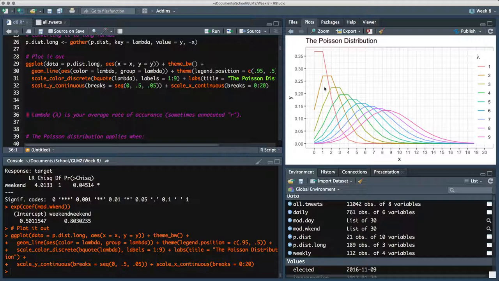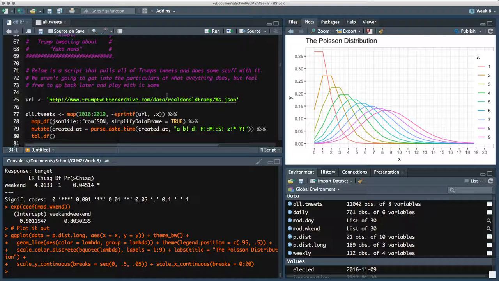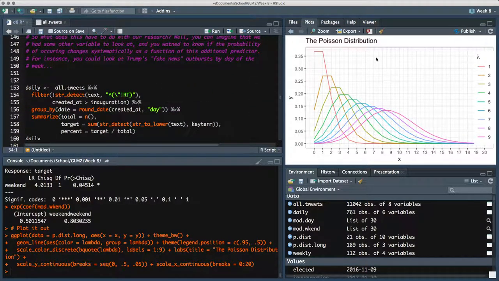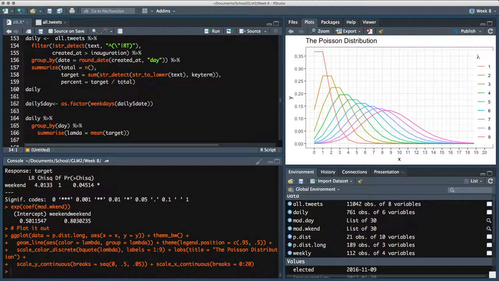But that's the gist of it. So just know that's a possibility. And if you're working with something and you think you might need to use this distribution, you can go look it up to figure out how to actually interpret these things.